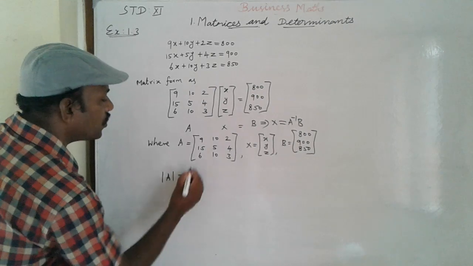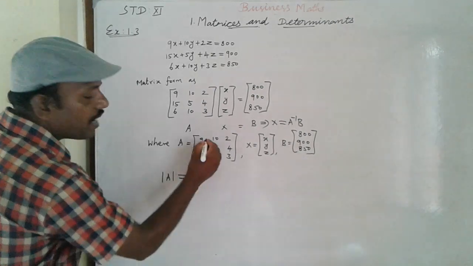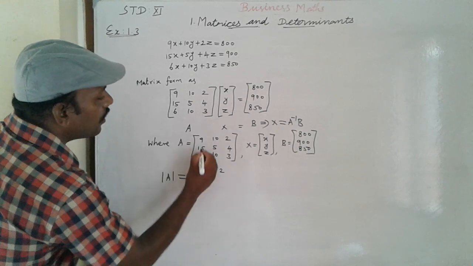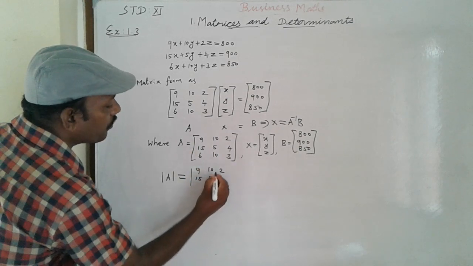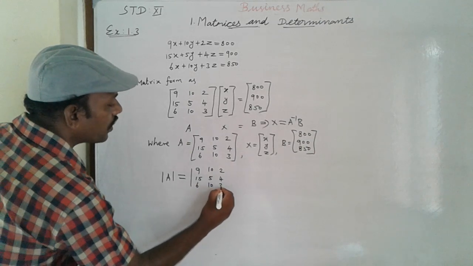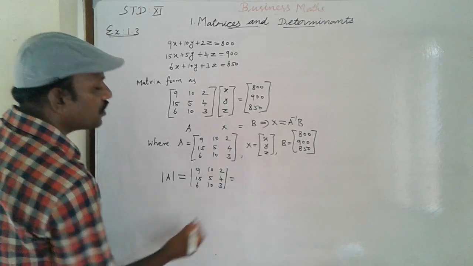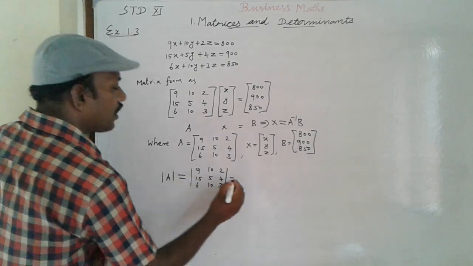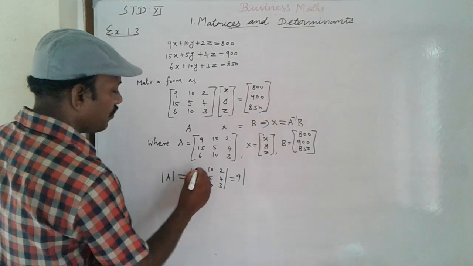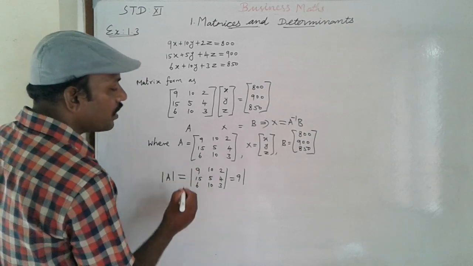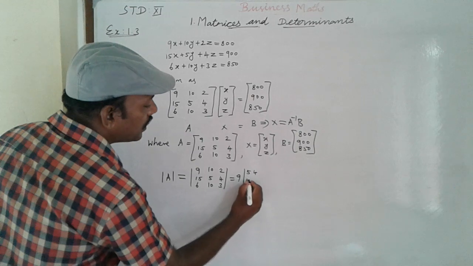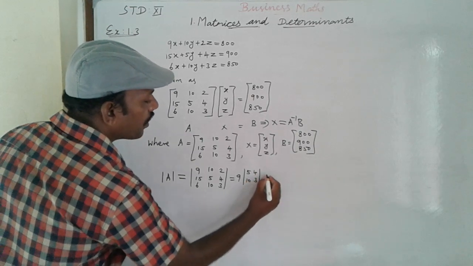Determinant of A equal to the determinant of the matrix 9, 10, 2, 15, 5, 4, 6, 10, 3. So we should find the determinant value row wise. Take 9: eliminate its row and column, leaving 5, 4, 10, 3.